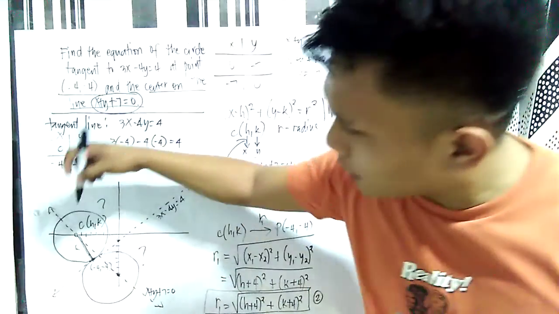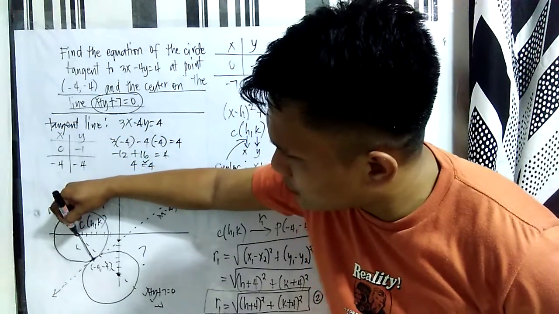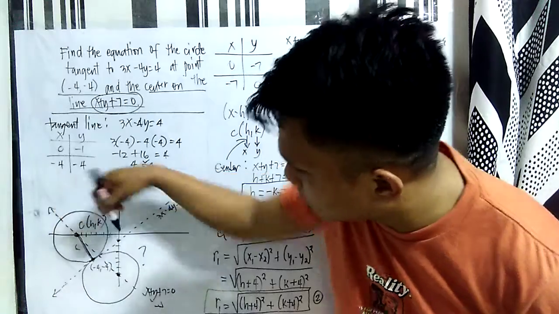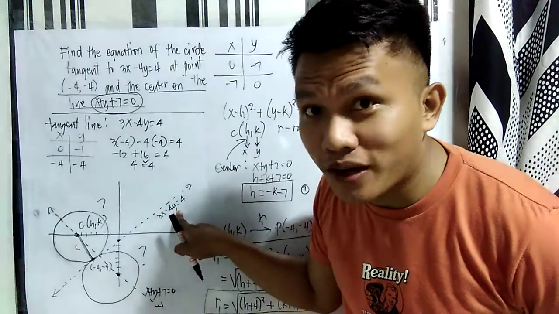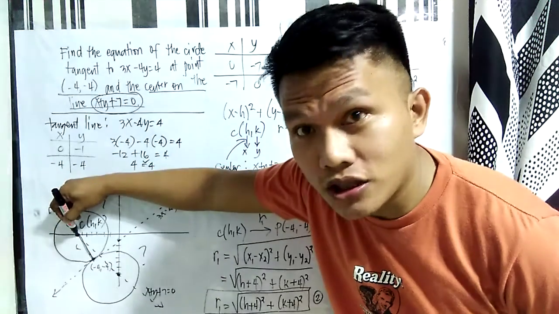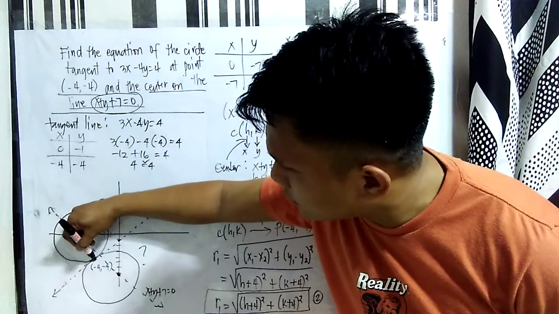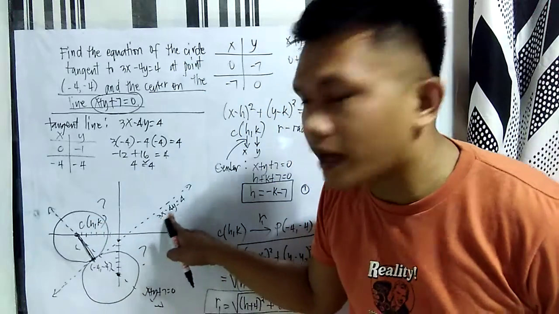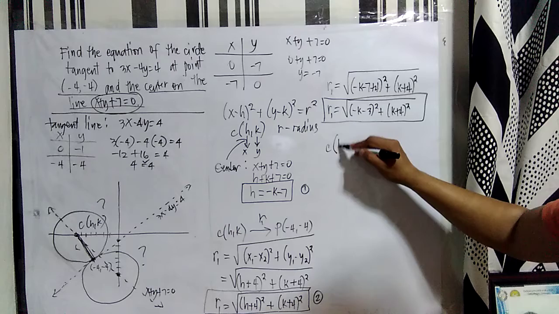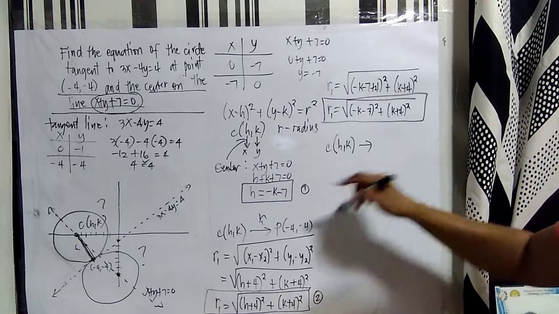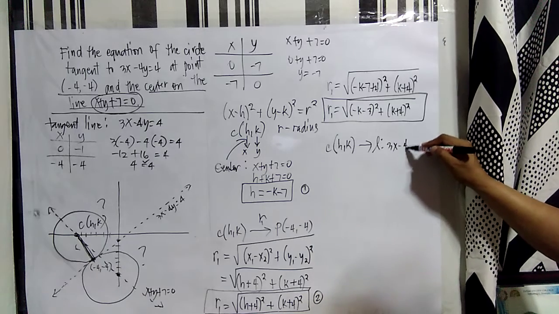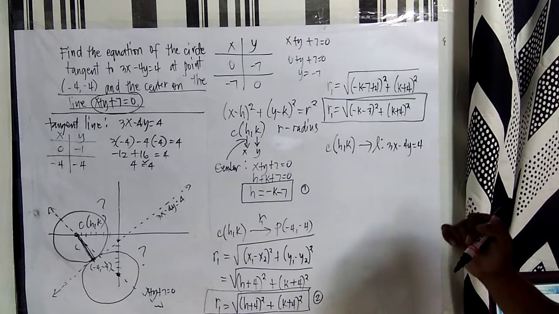Okay, take a look again in our illustration. The center HK is a tangent to the line 3x minus 4y equals 4. Pwede natin kuhanin ang distance ni center HK kay tangent line 3x minus 4y equals 4.